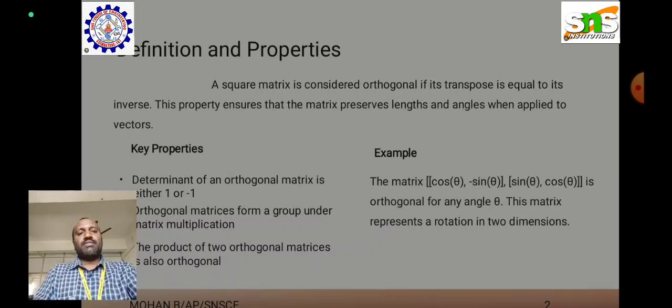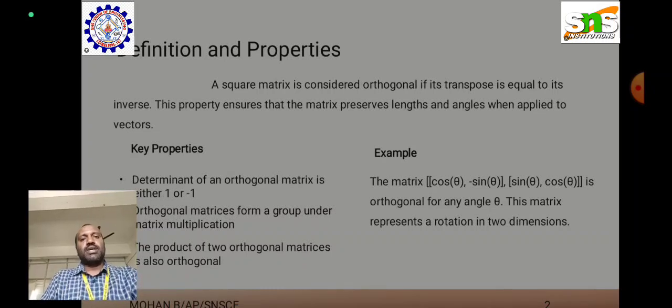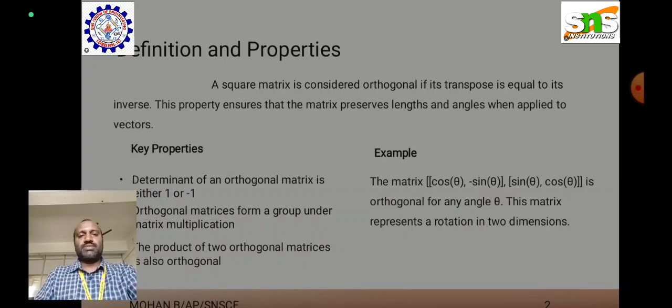See the example: cos theta, minus sin theta, sin theta, cos theta. This matrix is orthogonal for any angle theta, and it represents a rotation in two dimensions. That is very important.